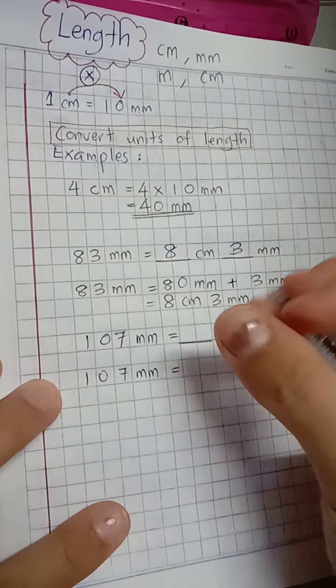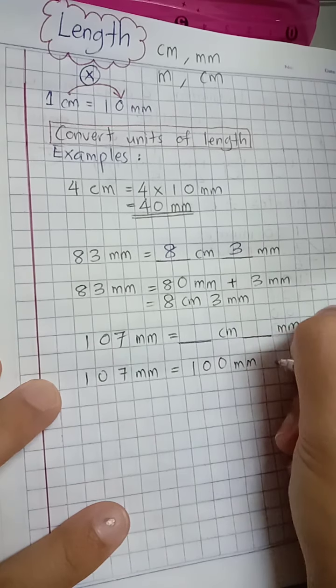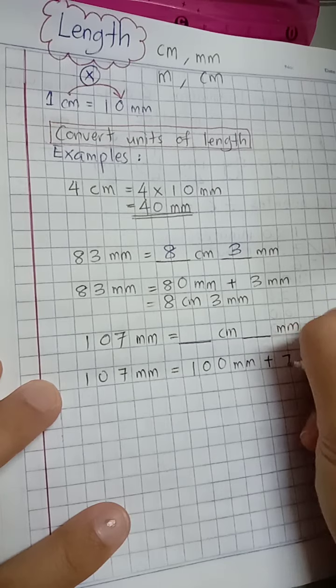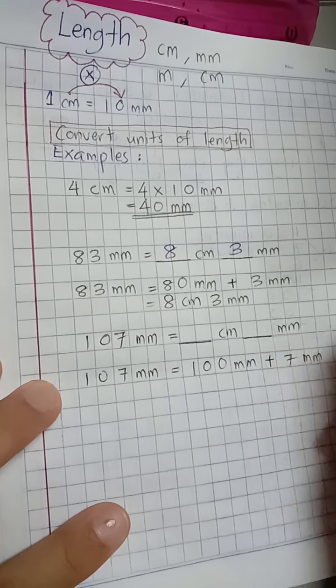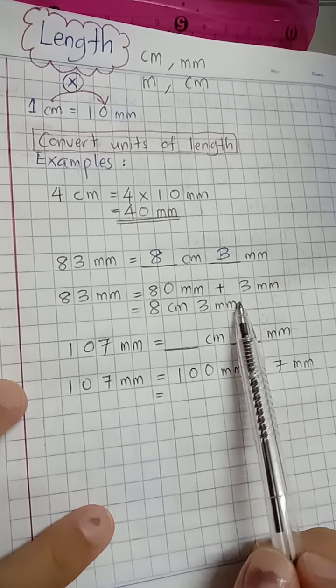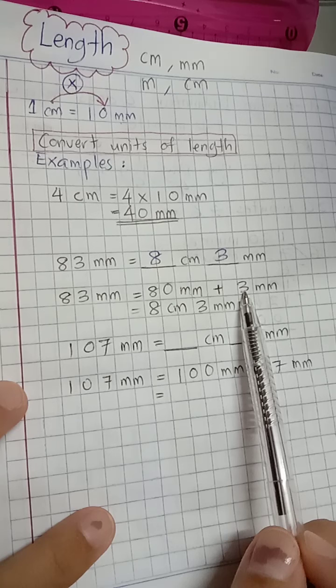We can separate it to 100 millimeter and 7 millimeter. If you notice here, every time I separate, the number or the length behind must be less than 10 millimeter.